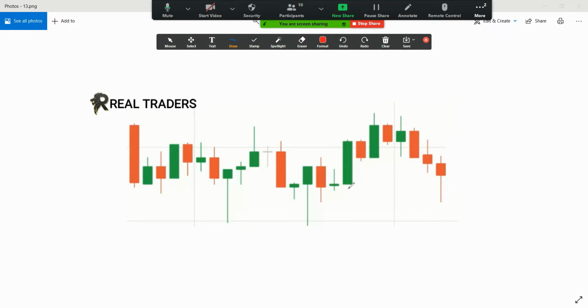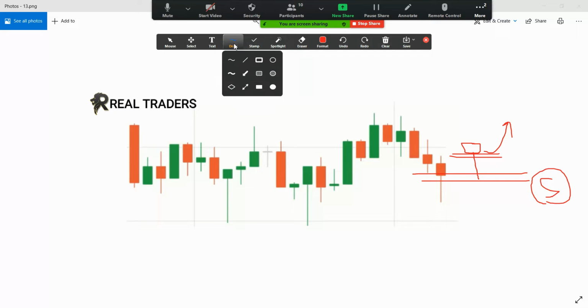So this hammer is at the level, so it will reverse. If there is no level on the left and the next support level is here and this one touches the support level, it will continue. But if you have any support level here also, it will reverse, at least for one candle.